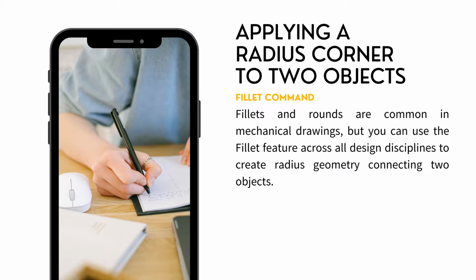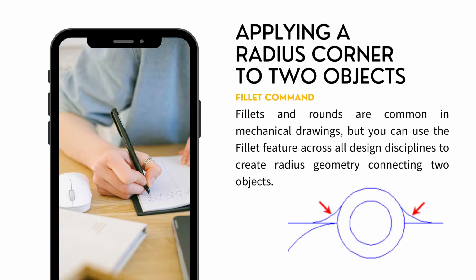So, after completing this lesson, you will be able to identify options of the fillet command and use the command to create radius geometry between two objects as shown in this figure. So, let's start in our fifth lesson in altering objects on how we can use the fillet command.